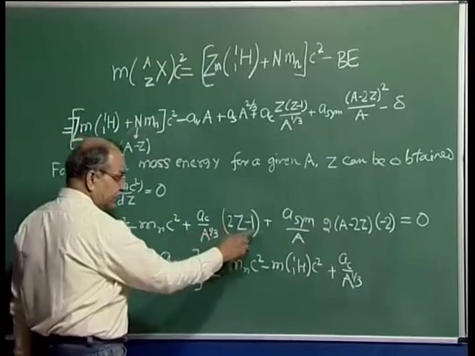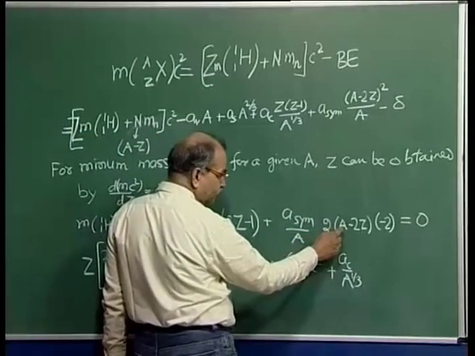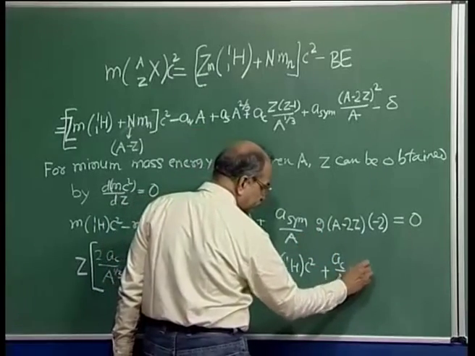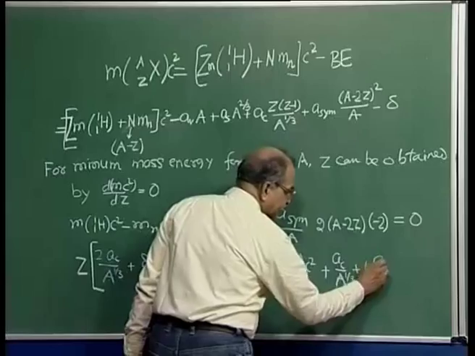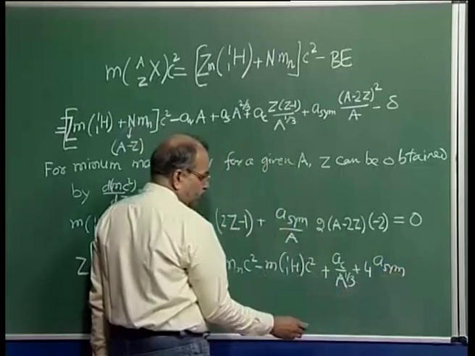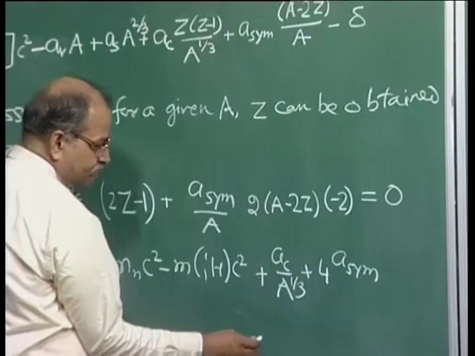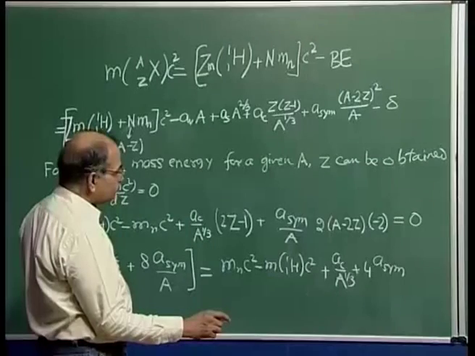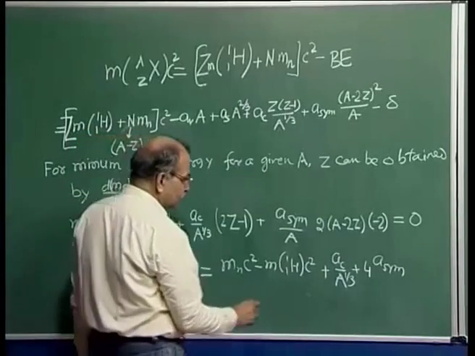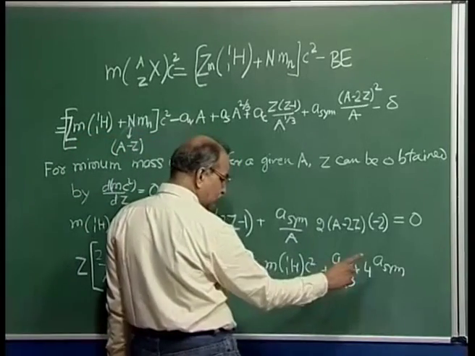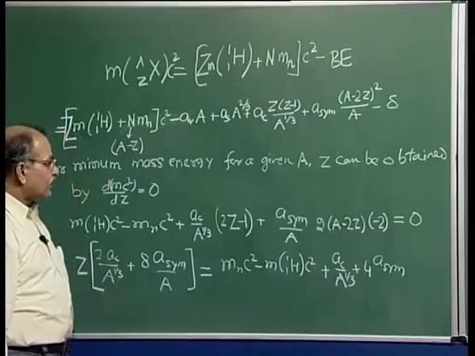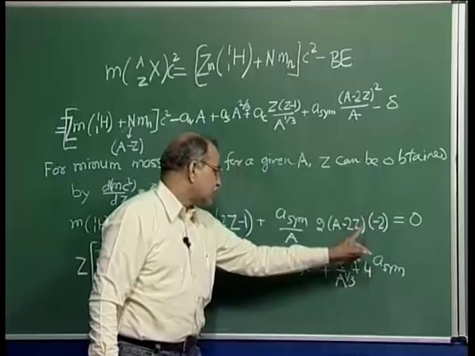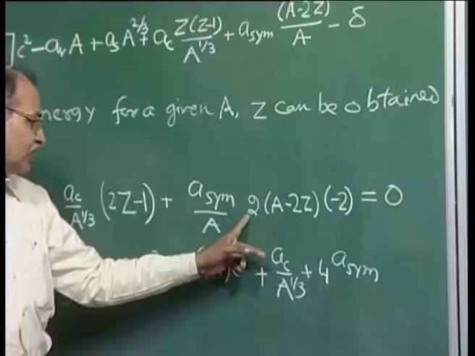So this has been taken, and from here it is minus 4, so plus 4 asymmetric, and divided by 2 times A minus 2z. A cancels. So what is left? 4 times, so minus 2, on that side it becomes plus, into 2 is 4, and that is all, asymmetric.